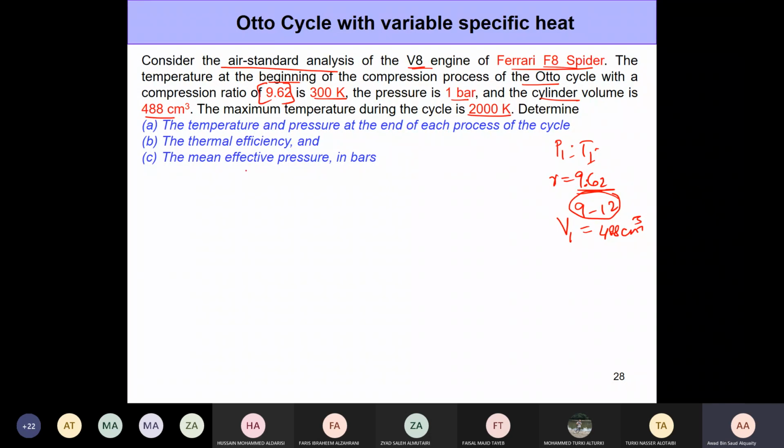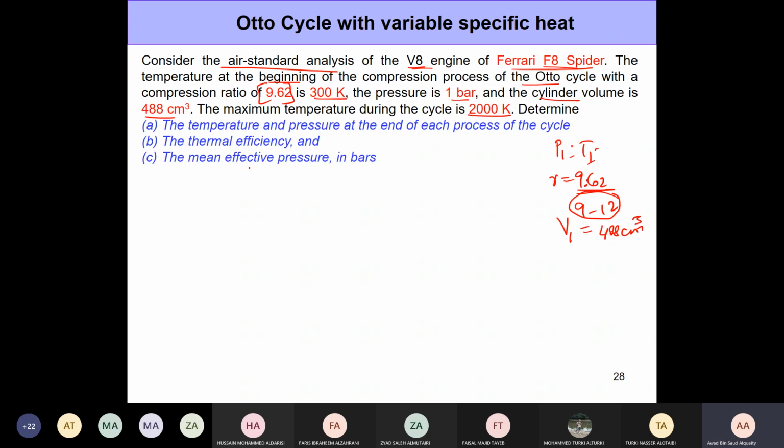We will see that once we draw the PV diagram. Before that, it's really difficult to say. From common sense, you could probably say that it could possibly be the temperature at the end of the heat addition process, right? But once you draw it, we'll know exactly which state that is. Is it state 2? Is it state 3 or what? Okay. All right.